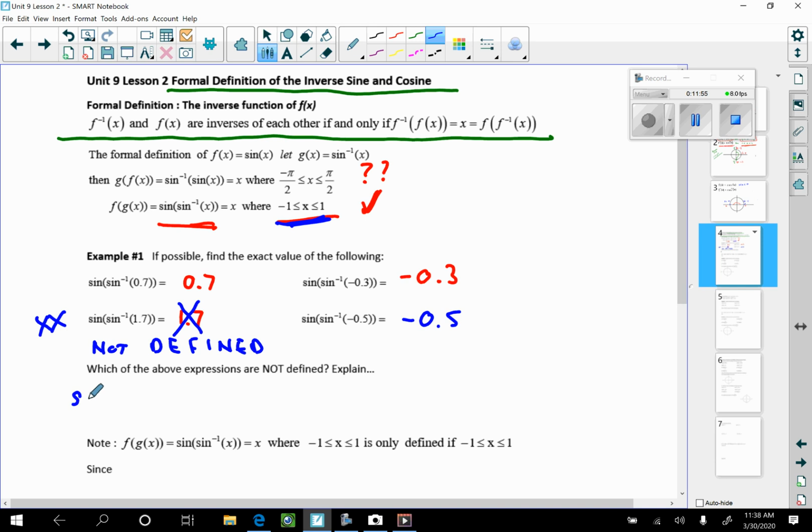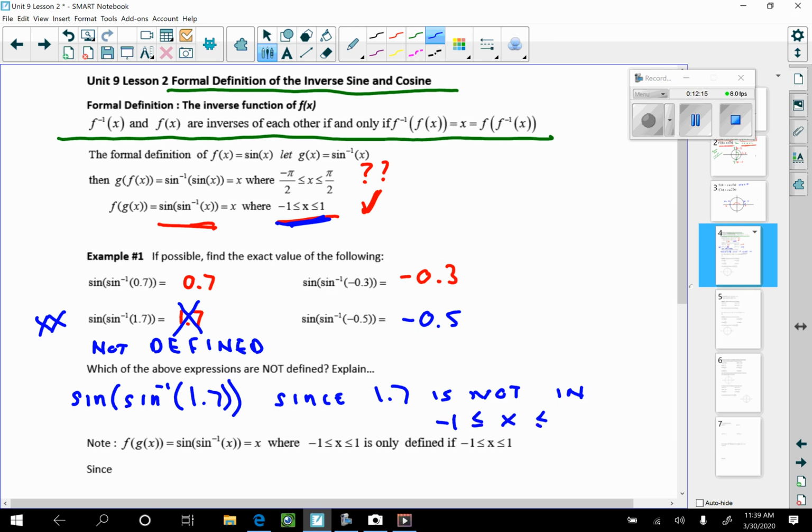This guy here is not defined, since 1.7 is not in the interval between -1 and 1. Okay?